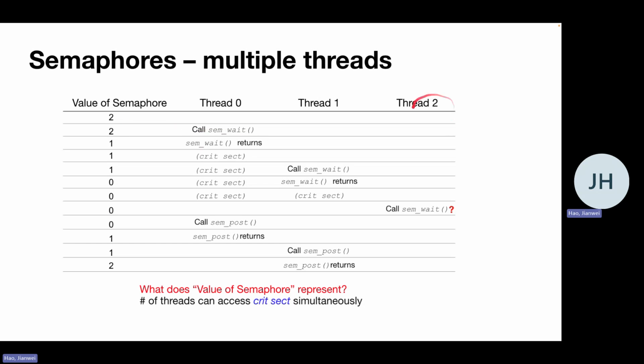The third one cannot access. But in one situation, when the first thread has released, that means there's only one thread in this section. Here, if the third thread wants to access, it's possible because the value is 1 now. It can keep decreasing to 0.